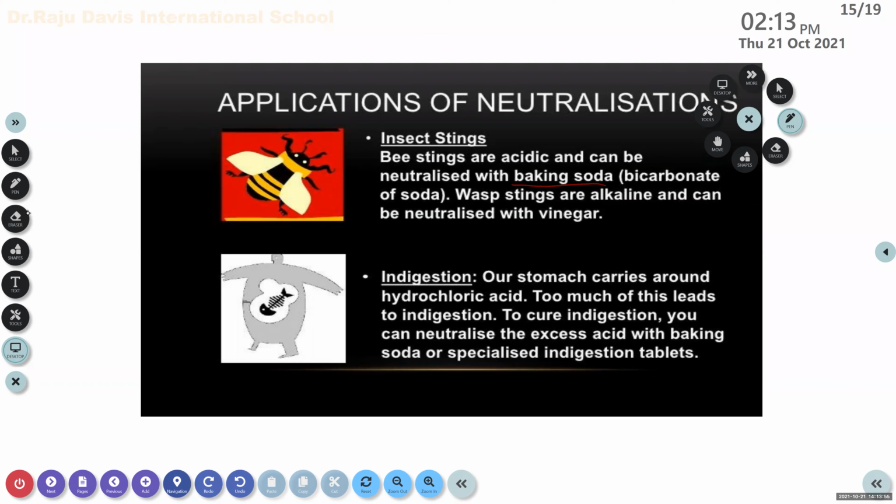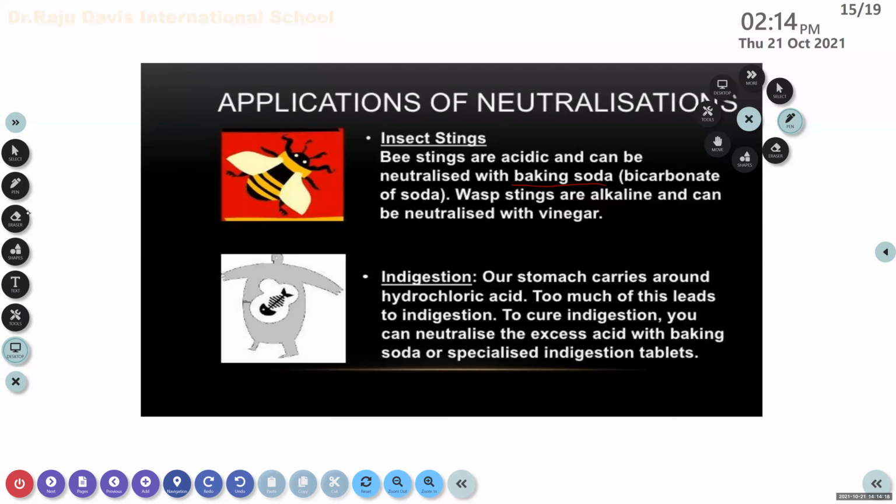So we feel a very painful stomach ache or some kind of irritation. To cure this indigestion, you can neutralize the excess acid with baking soda, or specialized indigestion tablets are available. Sometimes you may have heard about gelusil tablets, which are available to reduce this acidity.